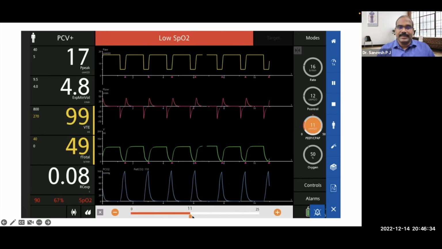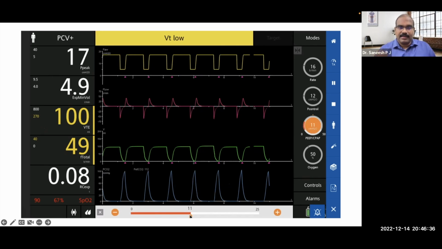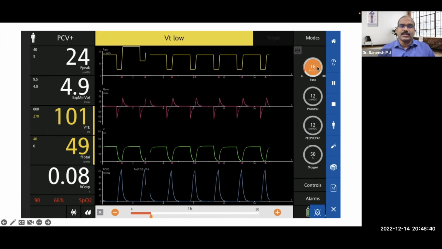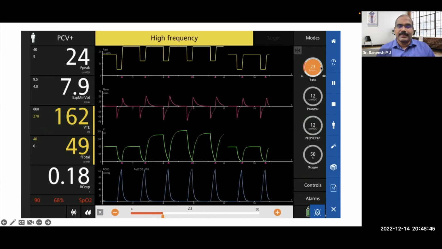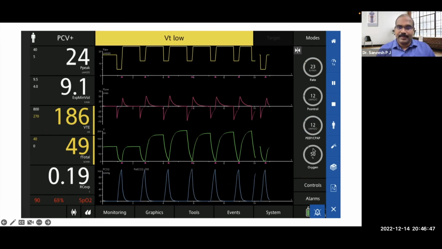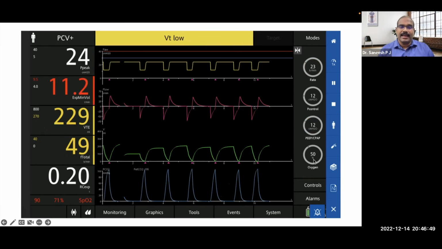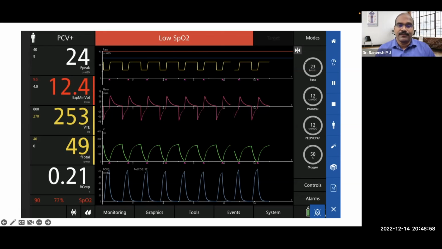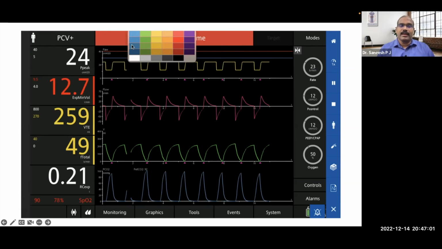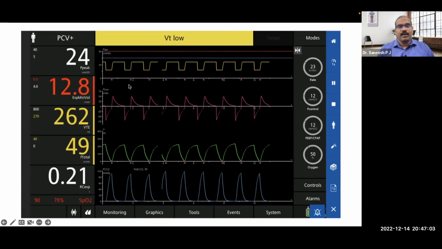Try to go near the patient, catch all the clinical indicators, troubleshoot, find out what exactly is happening with the patient, whether the patient needs to be passive, whether the patient has a high airway resistance issue, or suddenly the patient developed a low compliance, for example, a sudden onset of pneumothorax, or lung compliance worsening over a period of minutes to hours.